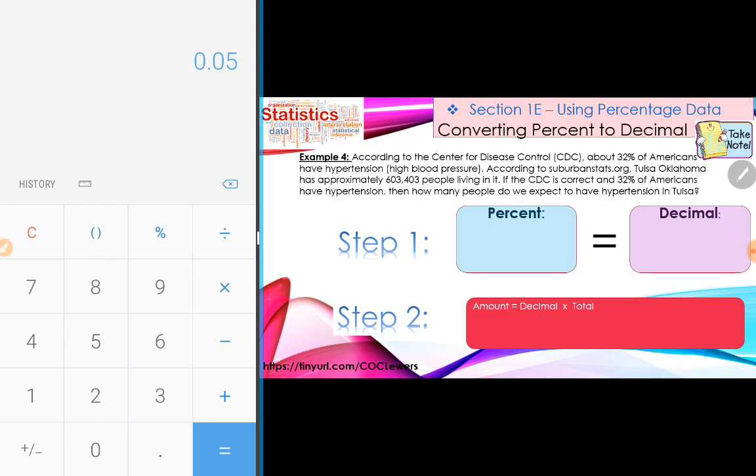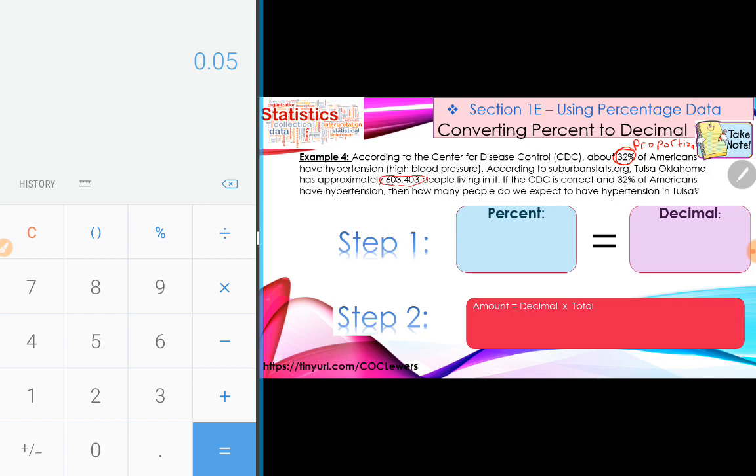In this example, according to the Centers for Disease Control, CDC, about 32% of Americans have hypertension. That is our proportion. According to suburbanstats.org, Tulsa, Oklahoma has approximately 603,403 people living in it.